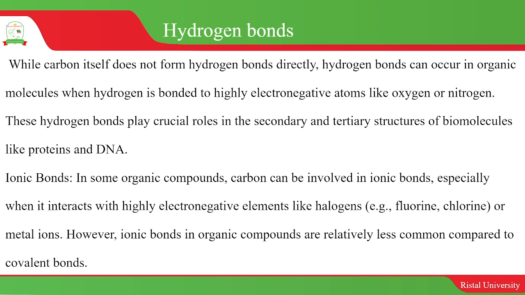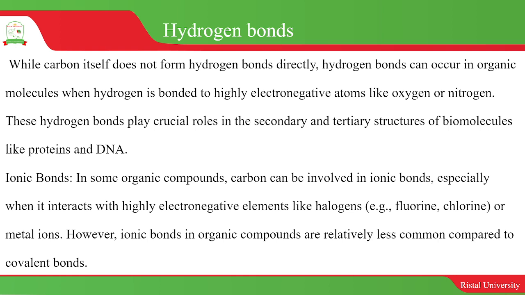For example, electronegative atoms like oxygen and nitrogen. Okay, this will result in hydrogen bonds being formed. Hydrogen bonds are very, very important to understand, especially in biomolecules and their structures. Issues to do with the tertiary and secondary structure of proteins, or even looking at the structure of DNA, you will look at the hydrogen bonds in the DNA and also in the proteins.